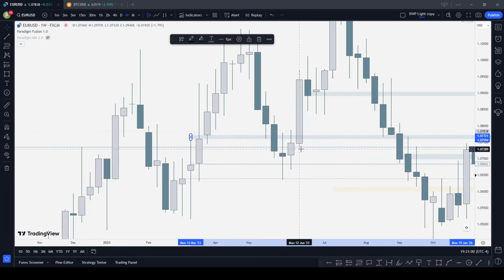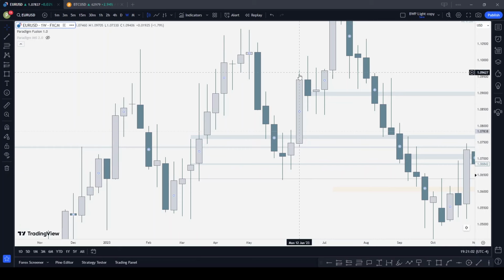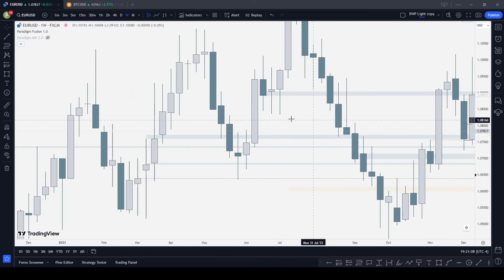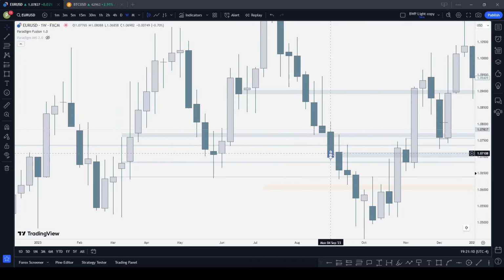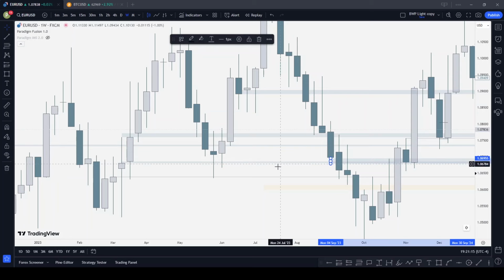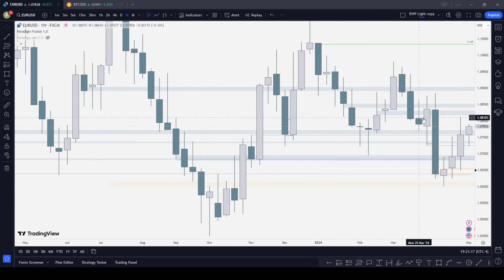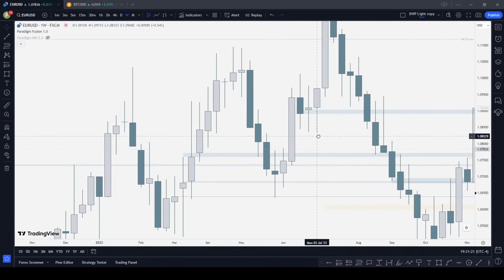Okay, and likewise here we have a close above it, the state of this new week opening gap is going to what? Switch bullish. Likewise here we have a close below it, so the state is going to switch bearish, and that continues into the future. Okay, and like I said, this applies to every new week opening gap.